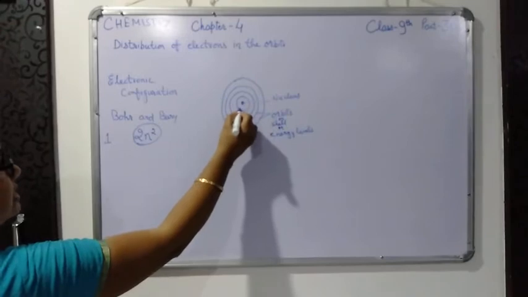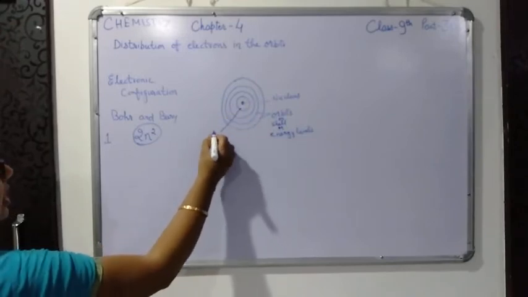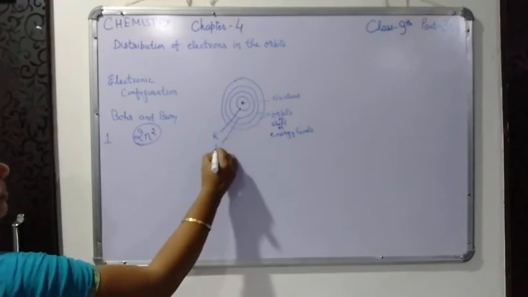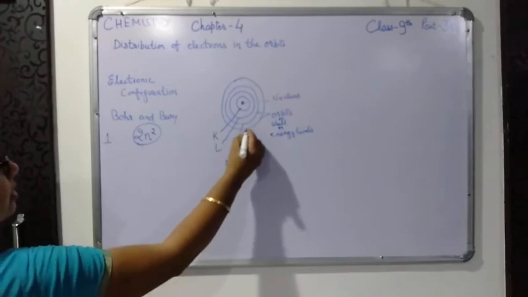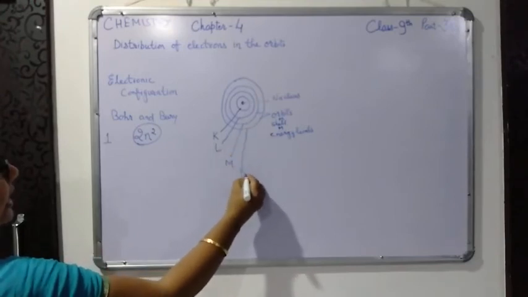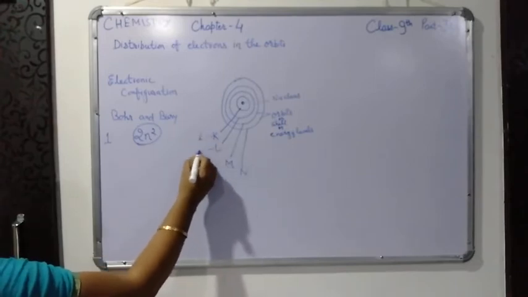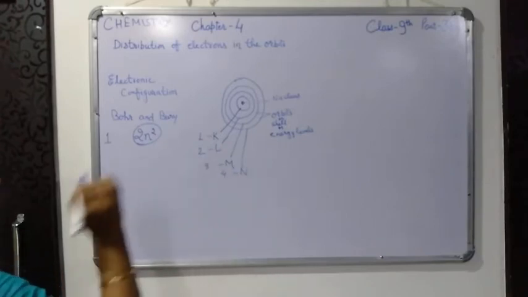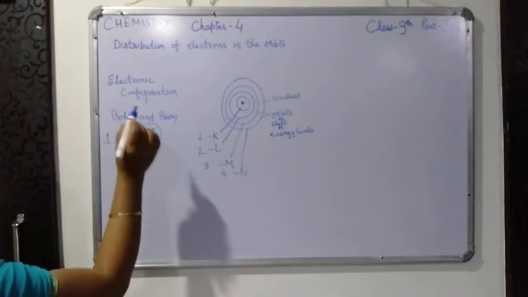This is the first shell, represented by K. The second one is represented by L, the third one by M, and the last one by N. So K is the first shell, L is the second shell, M is the third shell, and N is the fourth shell. You have to apply this formula for distributing the electrons.